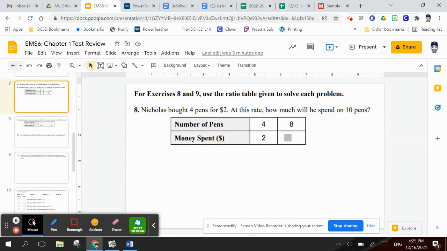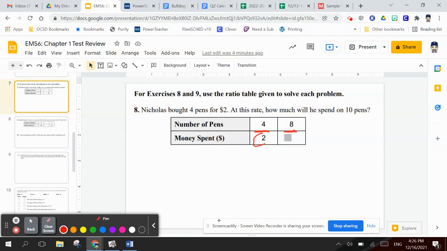Numbers 8 and 9. Use the ratio table given to solve each problem. Nicholas bought 4 pens for $2. At this rate, how much will he spend for 10 pens? I'm going to use the same examples we did on Wednesday when we talked about cross multiply and divide. So basically, here are my two ratios. To find this, I want to cross multiply.